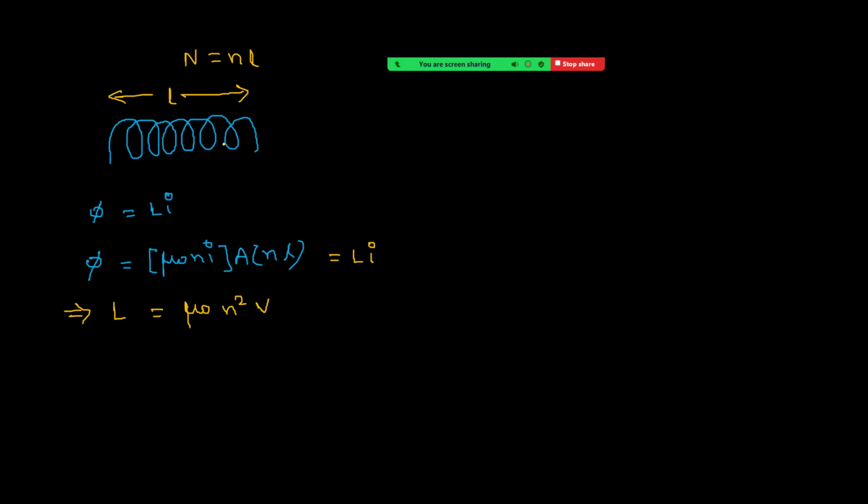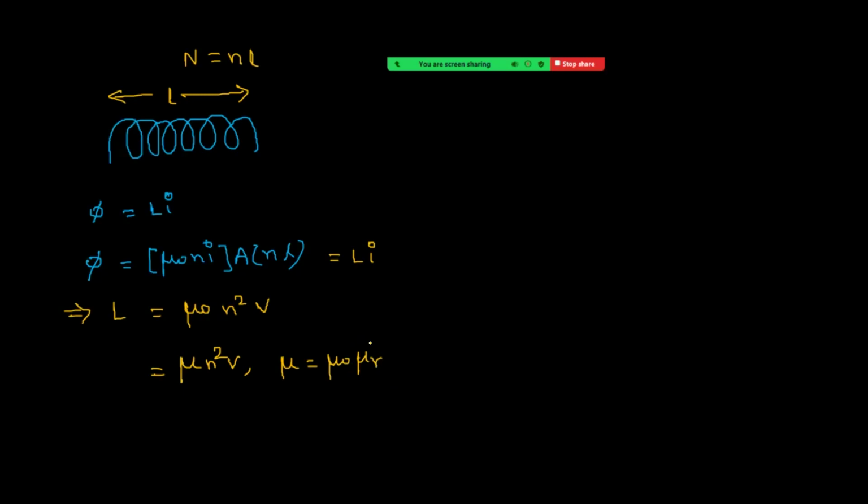It is air or vacuum. That's why it is mu naught. If you place any substance inside the volume of the solenoid, it becomes mu naught into mu r. Then we simply write mu into n square into V, where mu equals mu naught into mu r.